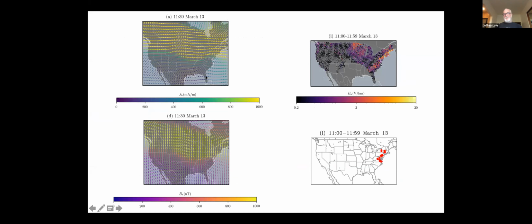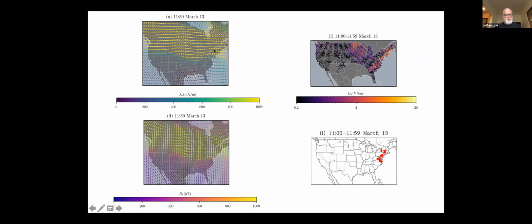We can look back at our modeling and see what was going on in the ionosphere. And during this period of time, we're showing here in the upper left-hand corner, the Electrojet system of the auroral current system over North America. This is derived from magnetic field data collected at the various observatories.